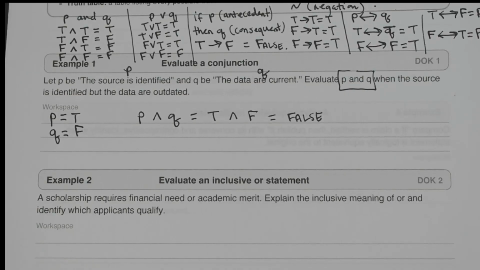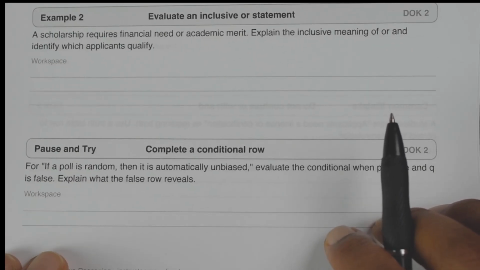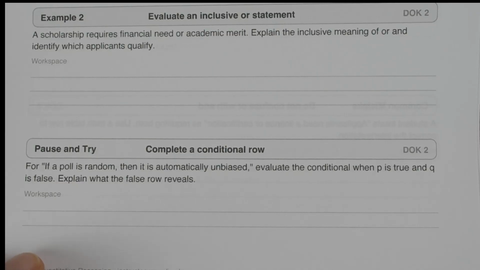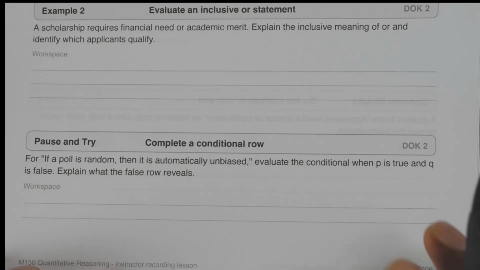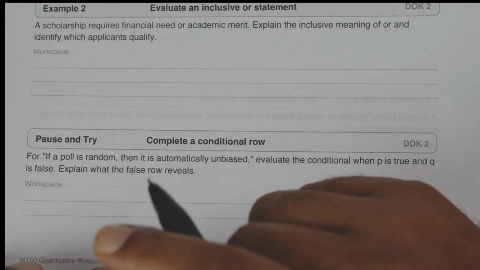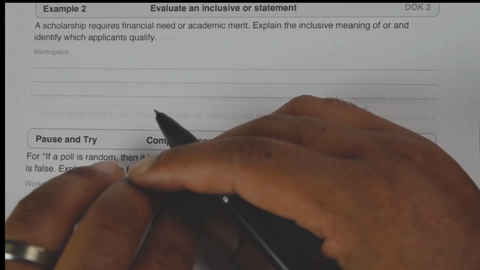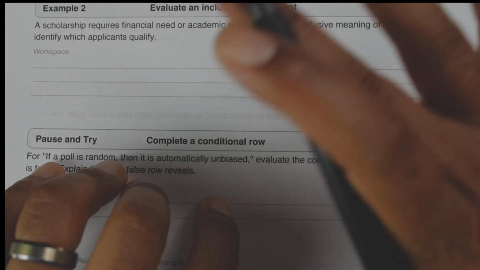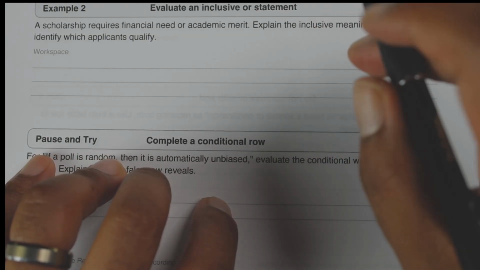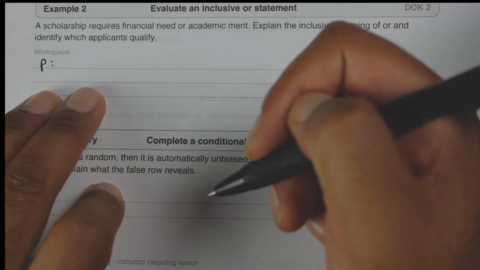All right, let's continue. Example number 2. A scholarship requires financial need or academic merit. Explain the inclusive meaning of or and identify which applicants qualify. Okay, so again, suppose a scholarship requires financial need or academic merit. So we're going to let P be the student demonstrates financial need, okay?